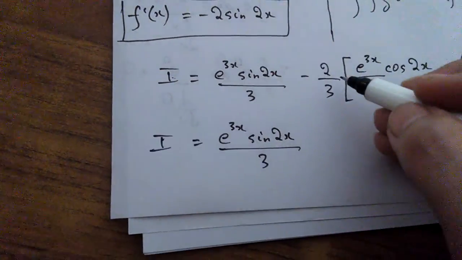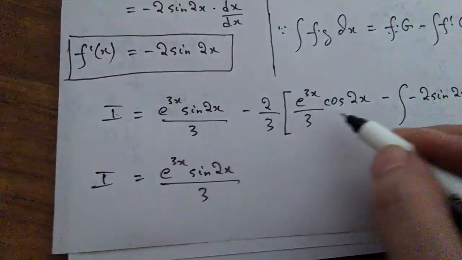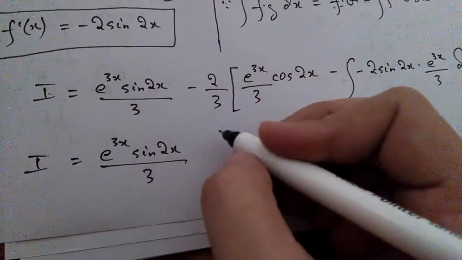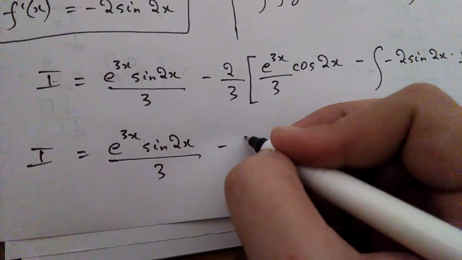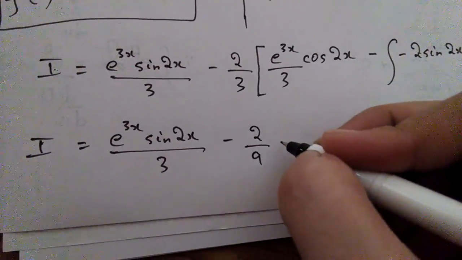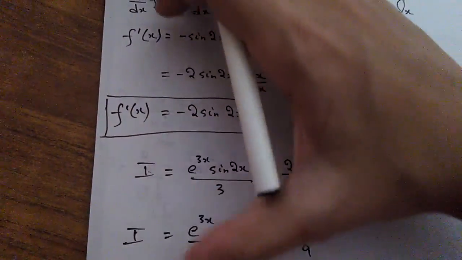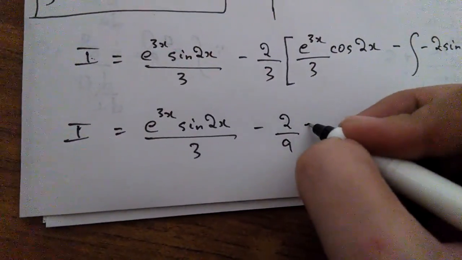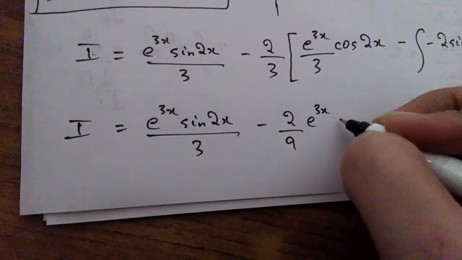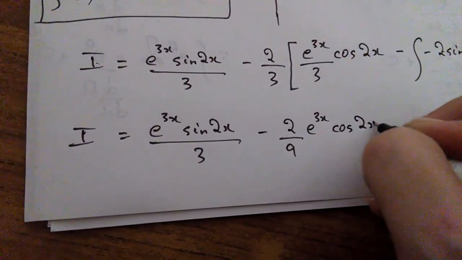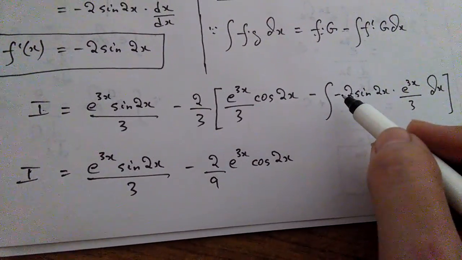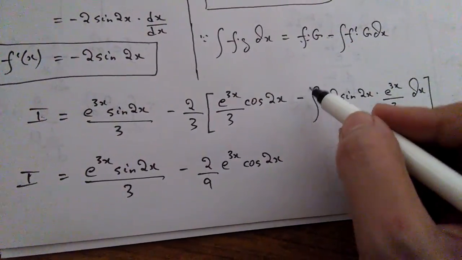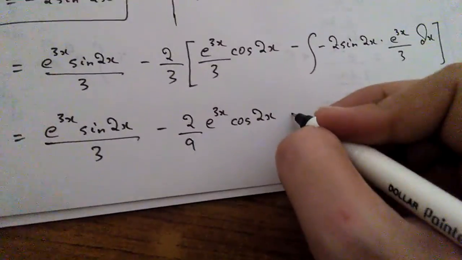Now how about if I simply multiply this negative 2 by 3 with both these terms? So it is going to be minus 2 by 9. Okay, you're having three negative signs, minus, minus, and plus, minus give you minus.